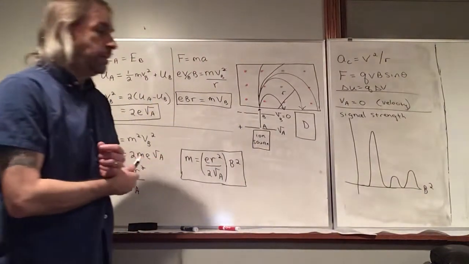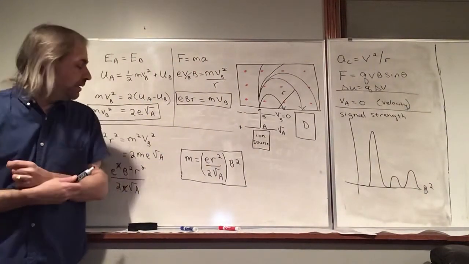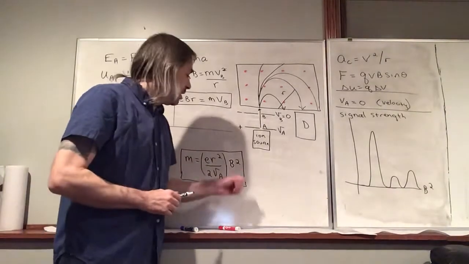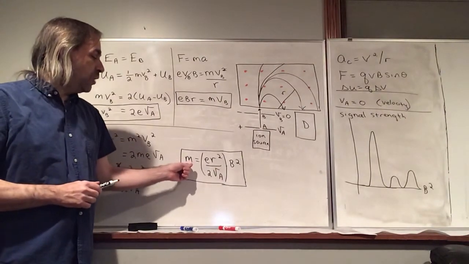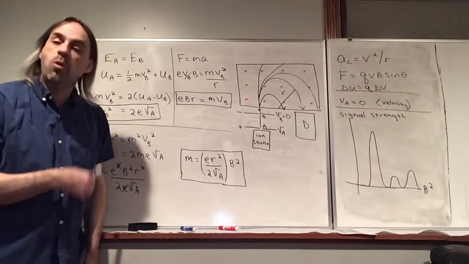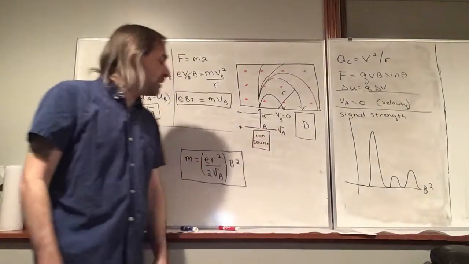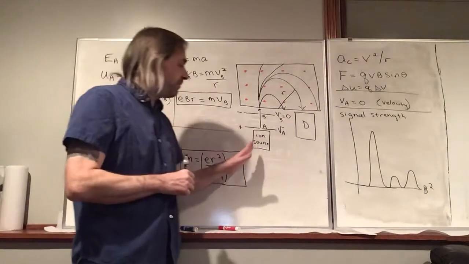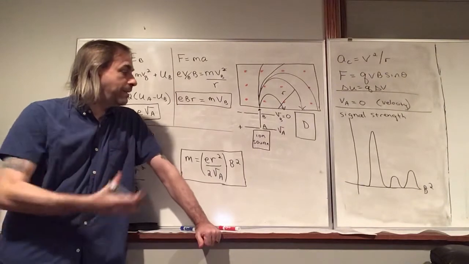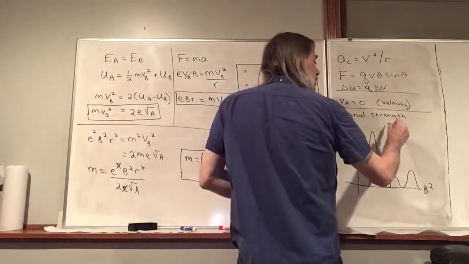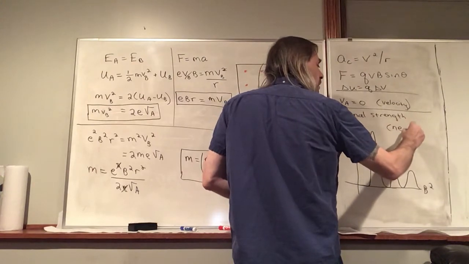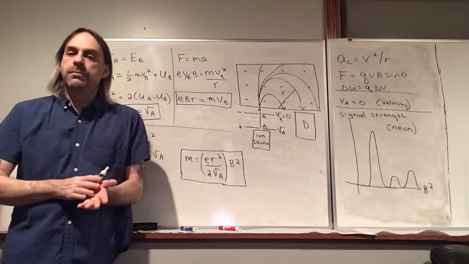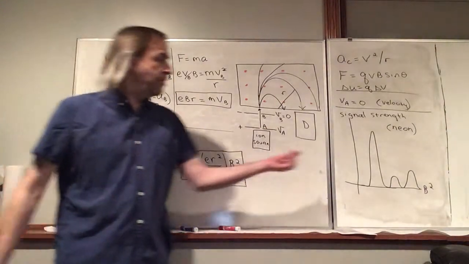We get 3 spikes, and the reason why we get 3 spikes, remember, for a given mass, we can determine what magnetic field is required to hit this detector, and if our gas was, like we use this example of neon, so we have a neon gas, and if all neon atoms were identical to each other, we would just get 1 spike.